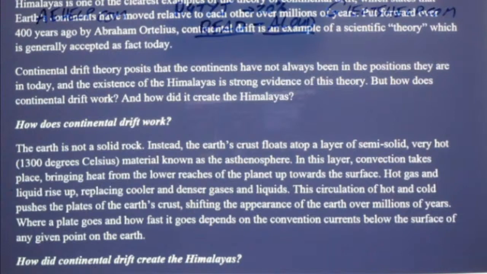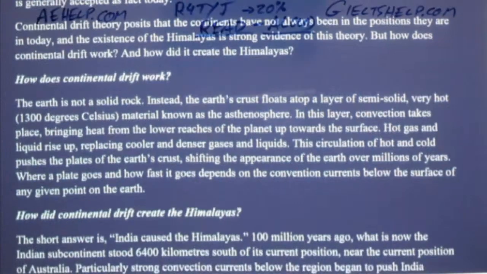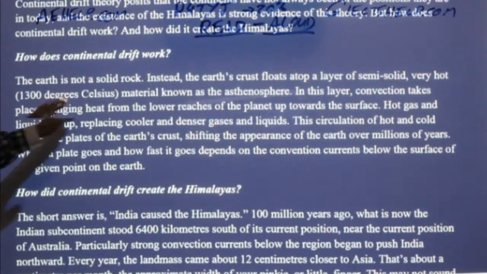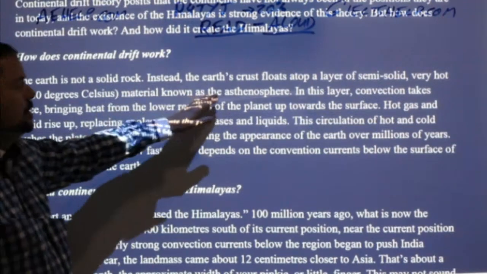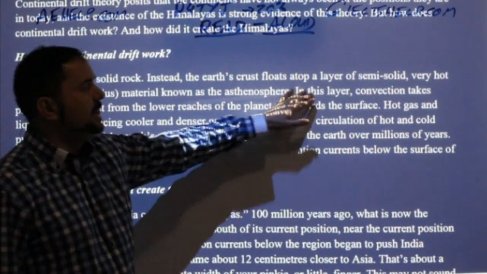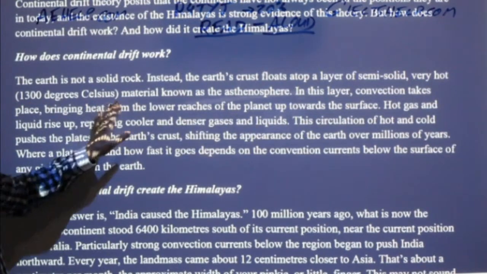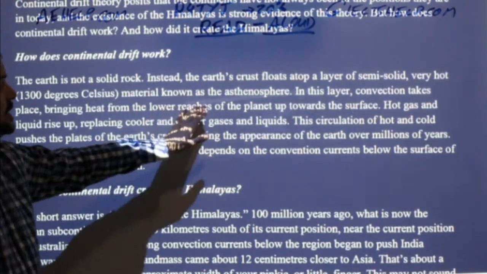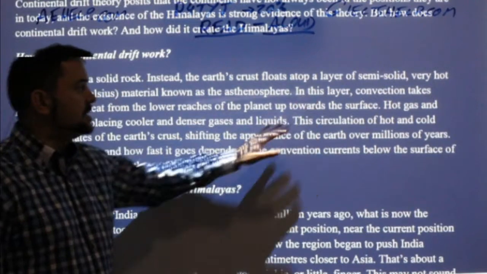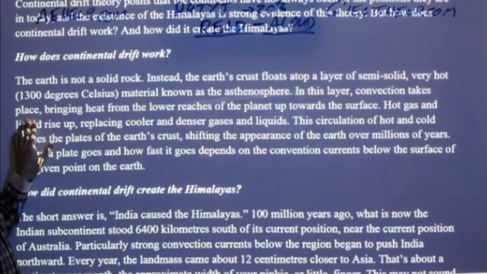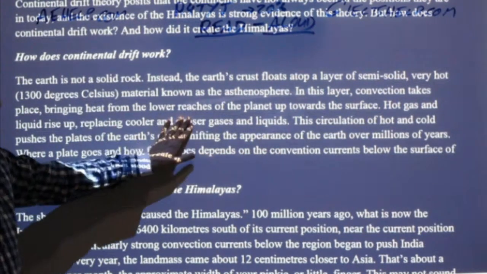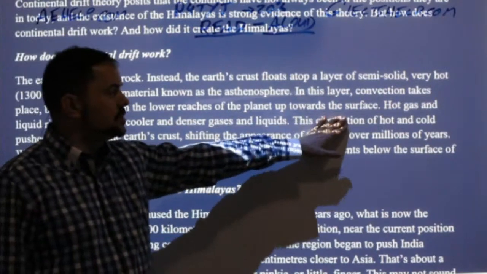How does continental drift work? The Earth is not a solid rock. Instead, the Earth's crust floats atop a layer of semi-solid, very hot, 1300 degrees Celsius, material known as the asthenosphere. In this layer, convection takes place, bringing heat from the lower reaches of the planet up towards the surface.